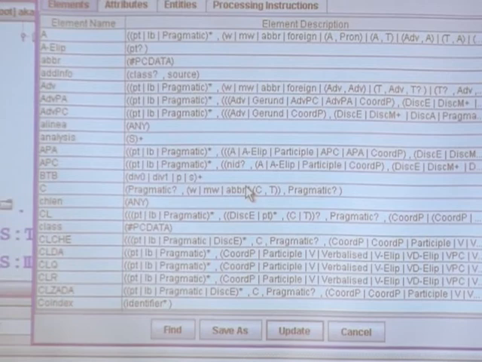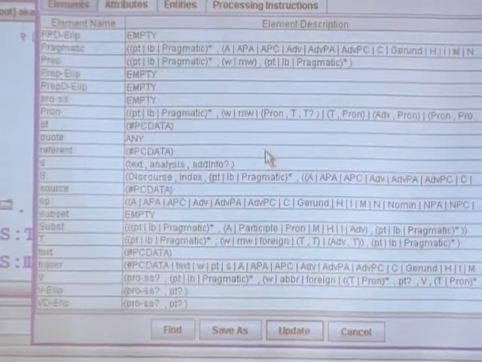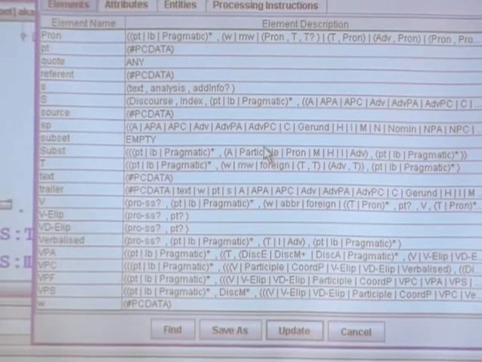So basically this is the encoded grammar. I know it's a very practical way, but as I said, we are about to work on publishing it.